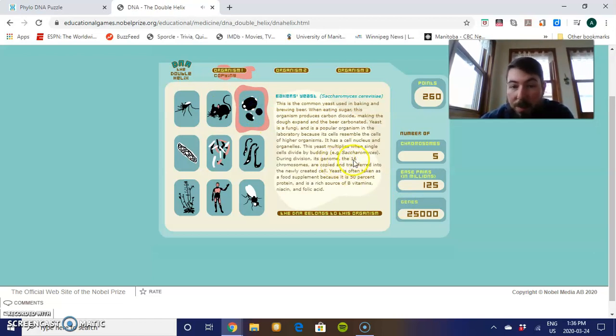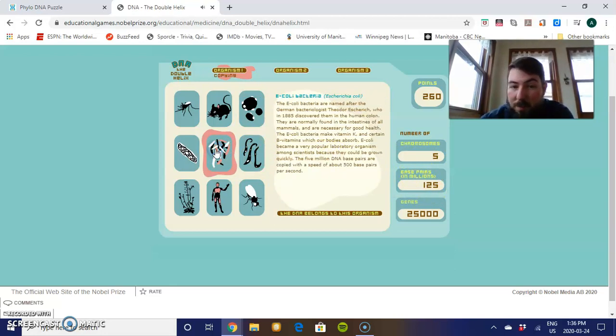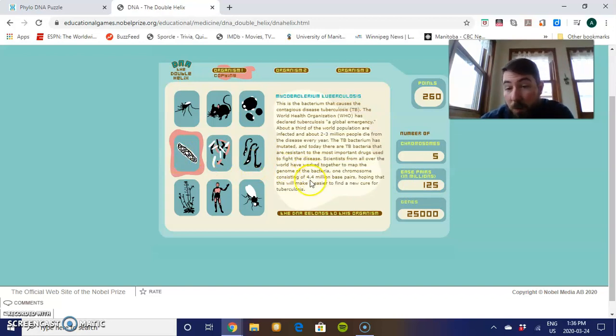Here it's talking about 16 chromosomes. Here we only have 5. So that's not it. 22.7 million base pairs. Here we have 125 million, so no. 500 base pairs, so it's not that one. 4.4 million base pairs, doesn't match up.